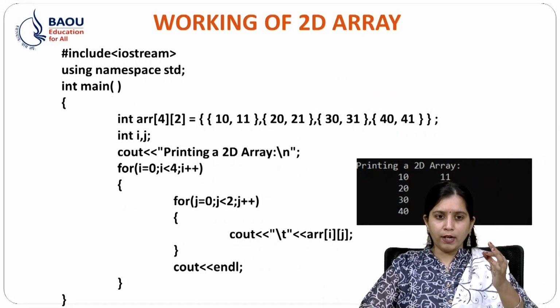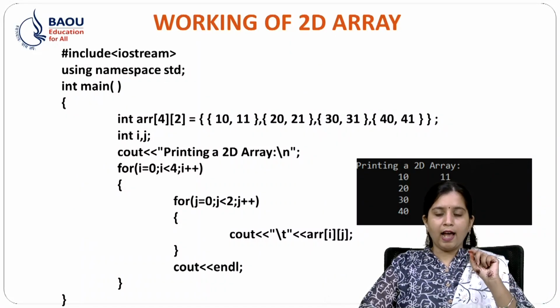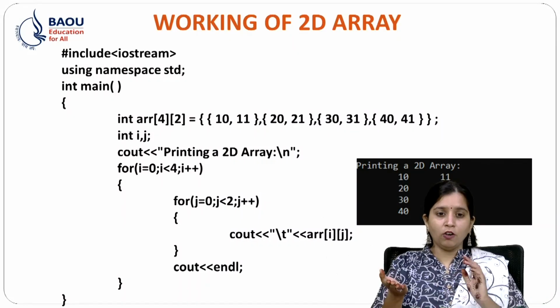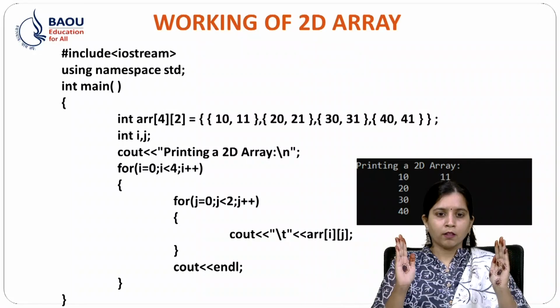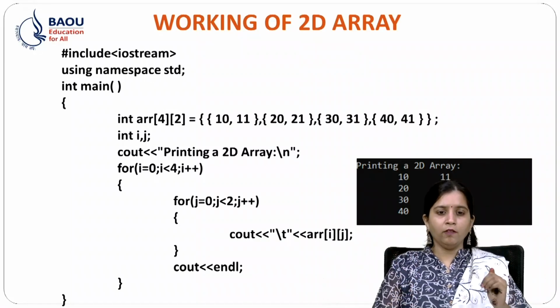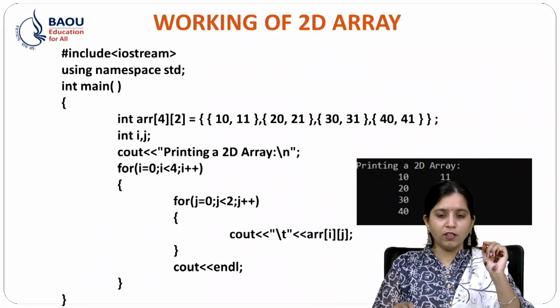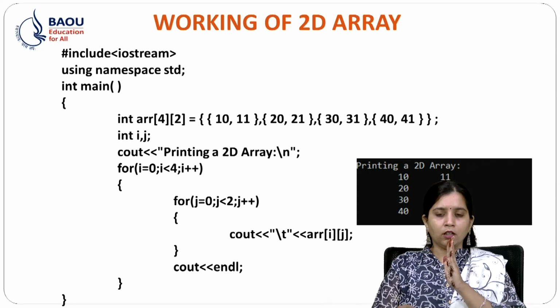So first we will print cout, printing a 2D array, and after that we initialize one outer for loop. We initialize the i variable with 0 and i is less than 4. So 0 to 3 will run, and in the inner for loop, j starts with 0 and ends before 2.